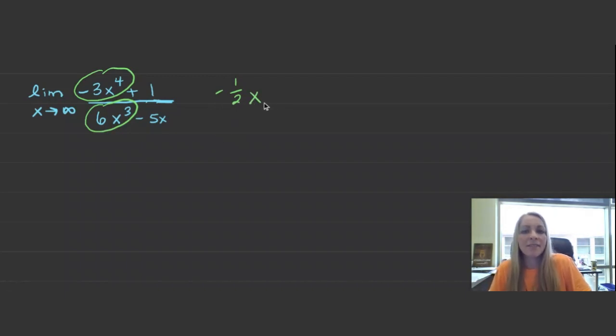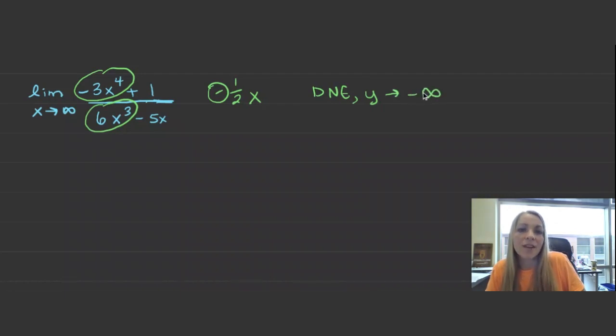If we plug infinity in here, we're now going to go towards negative infinity because of this negative right here. So if I have a negative on the top or a negative on the bottom, a negative divided by a positive or a positive divided by a negative will get me to a negative. So this one, again, does not exist, but y is approaching negative infinity.